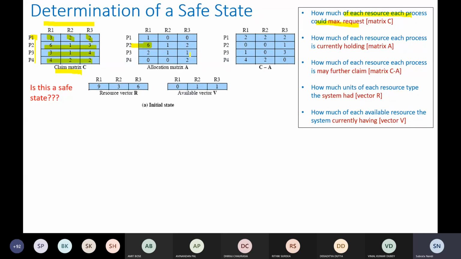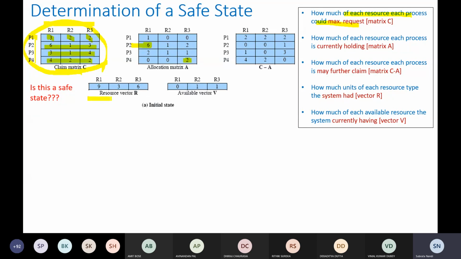And this 2 means P4 is holding 2 units of resource type R3 at this moment. So this is a particular point of time. This claim is not going to change, but this allocation matrix will change with time, because if you get some new allocation, some request granted, this allocation matrix will change.